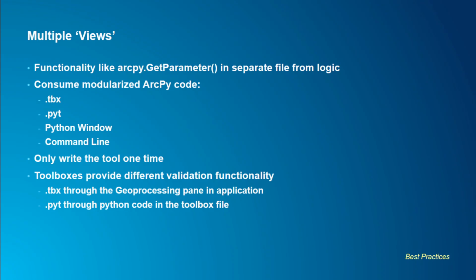So if you only write the actual logic of the tool one time, then all you have to do in each one of those is import that logic and pipe the parameters through to the function. And then that can be reused over and over again. It also means that you can start chaining them together a lot more easily without having to consider all of the data validation steps that come within it.